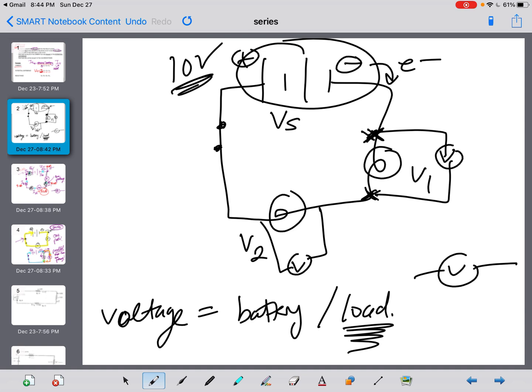So imagine that I'm a little electron traveling down. When I come into this bulb, I have all of my 10 volts worth of energy. But as it passes through, it's going to spend some of that. So let's say when it came out, it has 7 volts of energy.